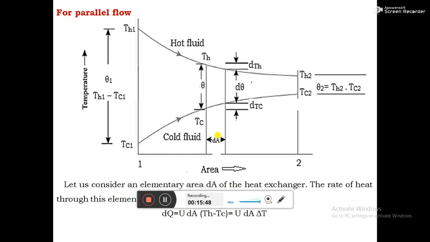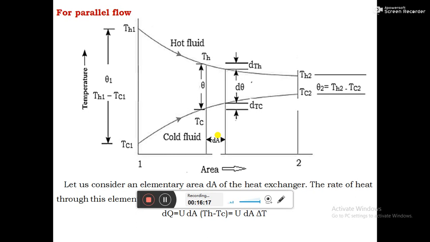The rate of heat transfer through this elementary area can be given by dq equals U into dA into (Th minus Tc), where Th is the temperature of the hot fluid at that elementary area and Tc is the temperature of the cold fluid in that elementary area.